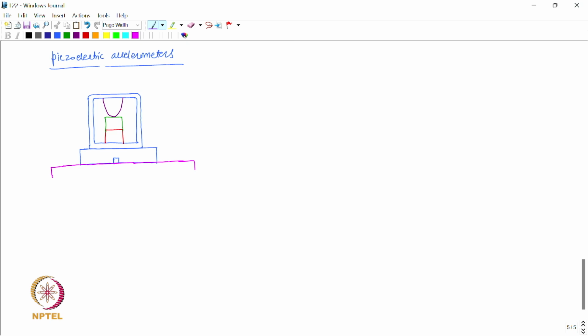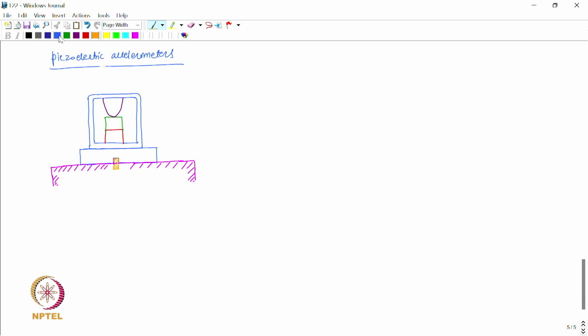So this is the surface on which the piezoelectric accelerometer is mounted to measure the vibration of the surface, using a stud. Okay, of course, this is one way to mount the accelerometer.